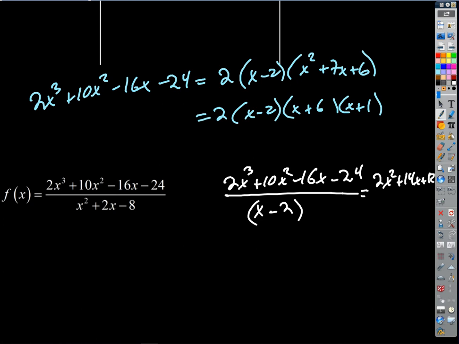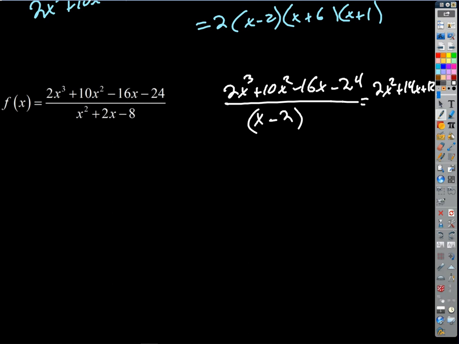Now all I've got to do is divide that by the other factor of the bottom to see what's left over, instead of having to do long division. Does that make sense? Instead of dividing by the whole thing, I'm dividing by x minus 2, which I just did, times x plus 4.